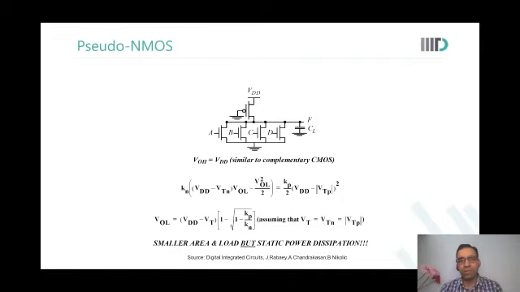If I have a pseudo NMOS design with a PMOS load, then when just one of these inputs is on and the other three are off, the ratio of the resistance of the PMOS stack and the resistance of the NMOS stack will be such that my VOL will be different.